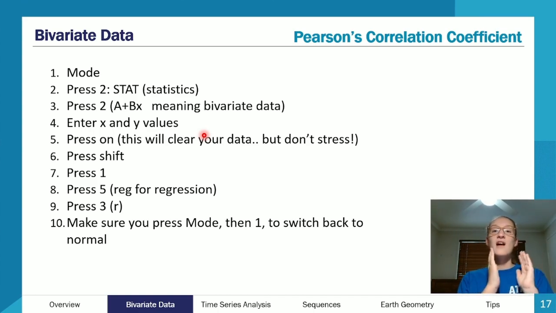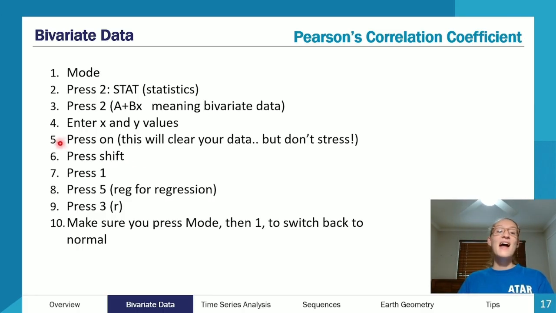You can enter all your X values and all your Y values by putting the number in, then pressing enter, and moving around the table grid using the arrow keys on your calculator. Once you've entered all your data and finished, you press on, and that will clear your data off the screen. But don't stress, your calculator has it stored in its memory.